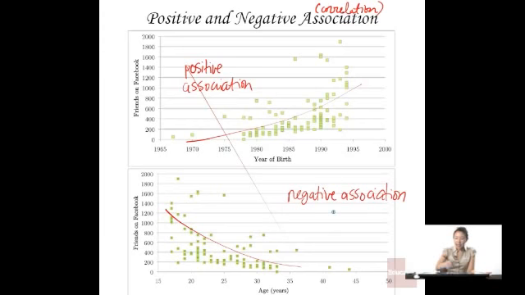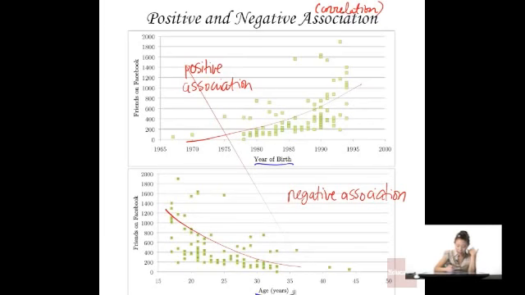All right. And let's think about why year of birth has the exact opposite effect of age, right? It has the opposite association with friends on Facebook. Well, if you think about year of birth, it really means that when you're increasing the year of birth, you're decreasing the age, right?